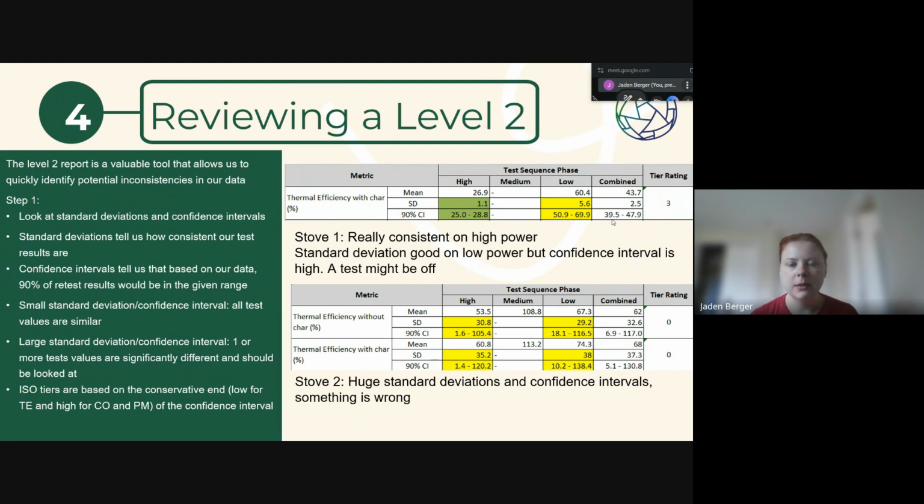The reason we want to pay attention to our confidence intervals here is that what ISO does for these tier ratings is it takes the lower value of your confidence interval for thermal efficiency and uses that for its tier rating. That's going to be the opposite for your emissions per megajoule delivered.